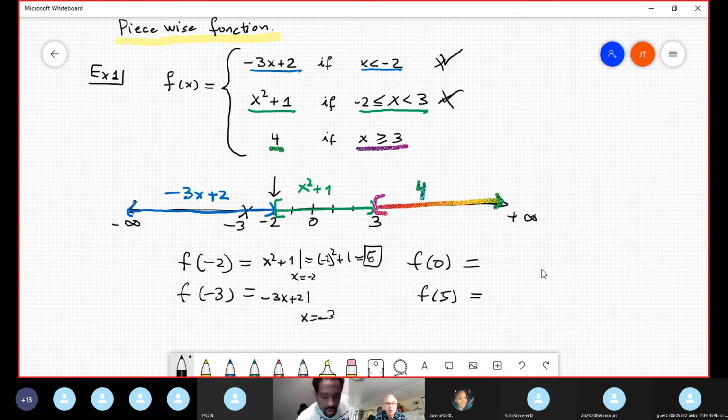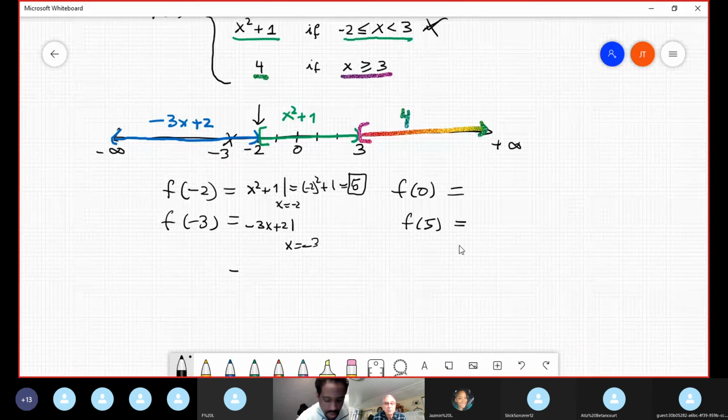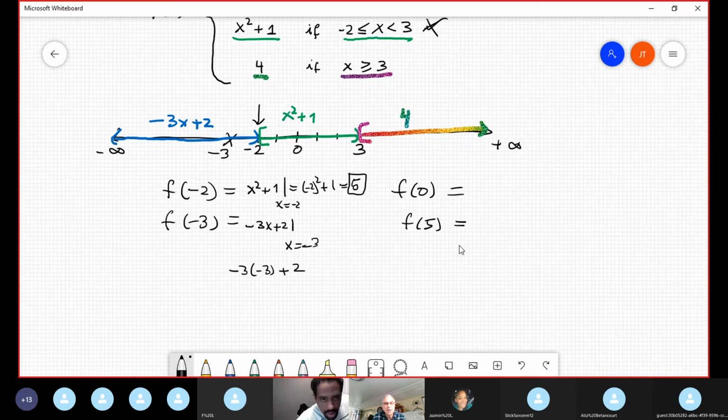And plug it in. Be careful with the sign. It's -3 multiplication -3 plus 2, sorry. Plus 2. Positive 9, plus 2, 11. Final answer, 11. So f at -3 is 11.